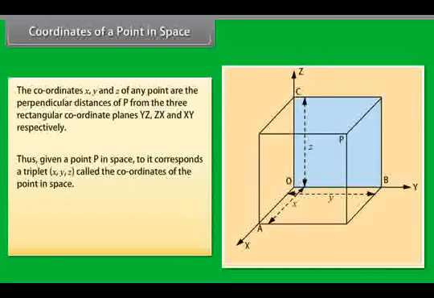Thus, given a point P in space, to it corresponds a triplet X, Y, Z called the coordinates of the point in space.